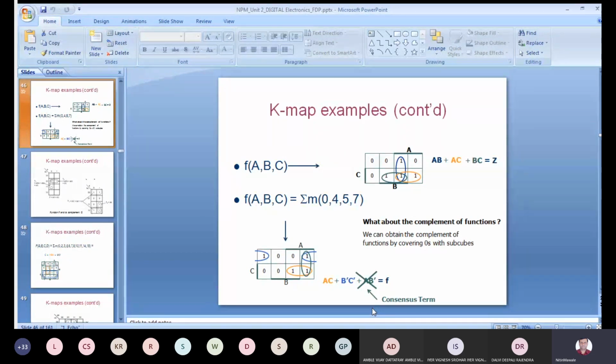A is constant, the value of A is 1, that's why A bar, plus C is constant, the value of C is 1, that's why C bar. That's the first answer. And then the corner two cells will be there. For that the answer is in the upper side. B is constant and the value of B is 0, that's why B, and then C is constant, the value of C is 0, that's why C. Therefore Y is equal to (B plus C) into, in another bracket, (A bar plus C bar) is your answer.